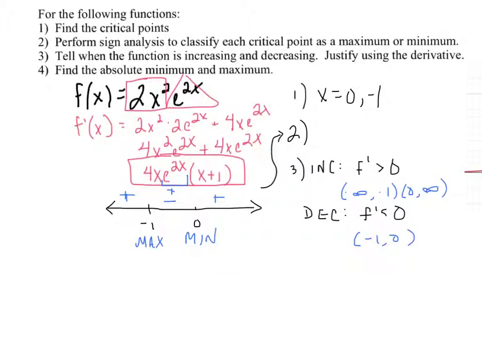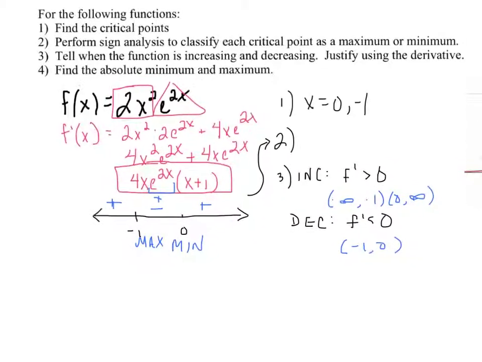Now finally, I didn't give you an interval for absolute maximums and minimums. Let me do that. Let's say we're looking for the absolute maximum and minimum on the interval from negative 2 to positive 2. Okay, let's say that was the interval we looked at, and that of course would have to be given to you.